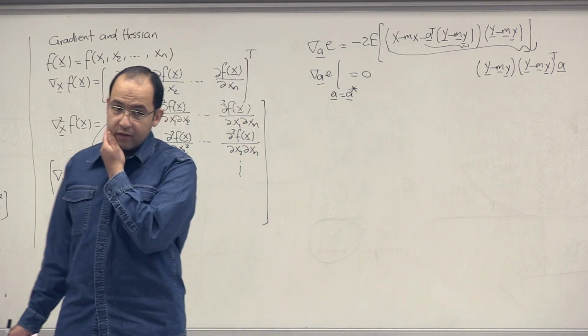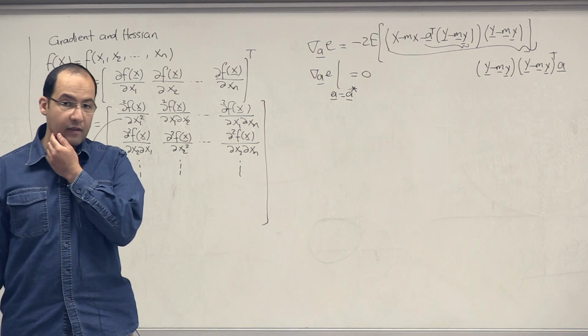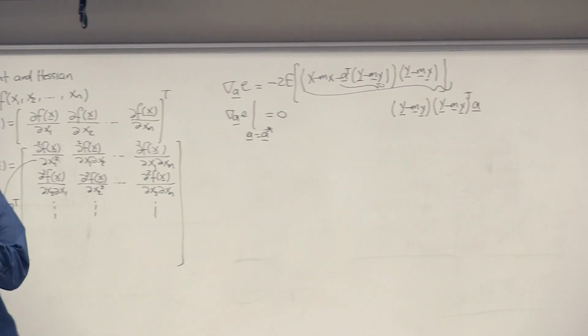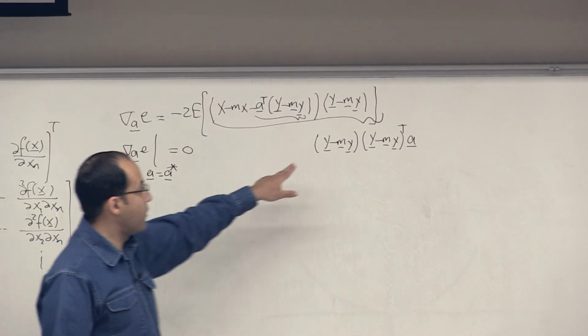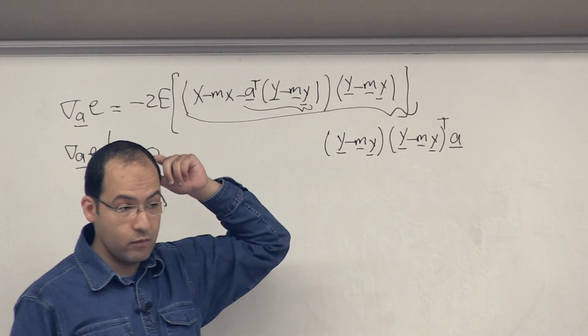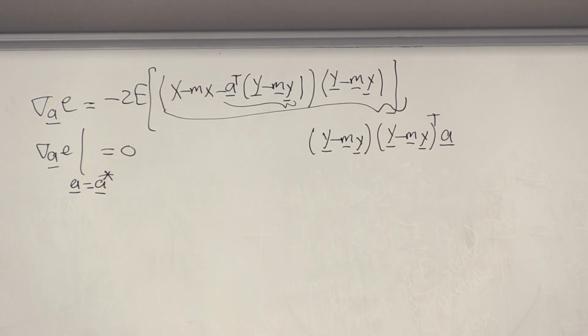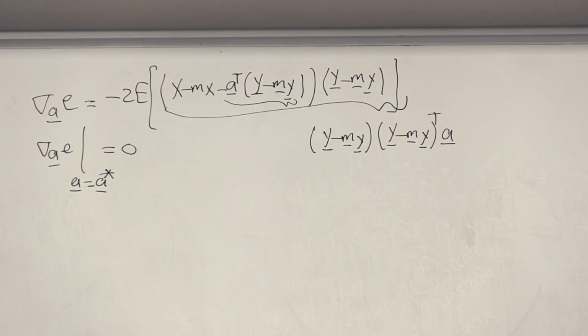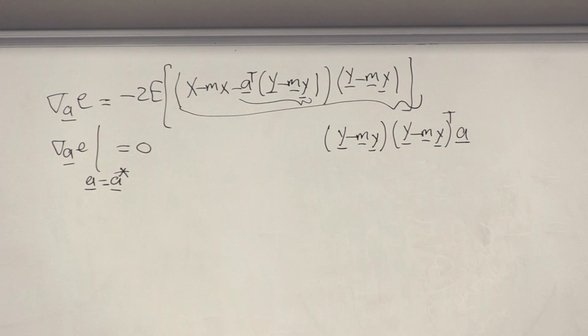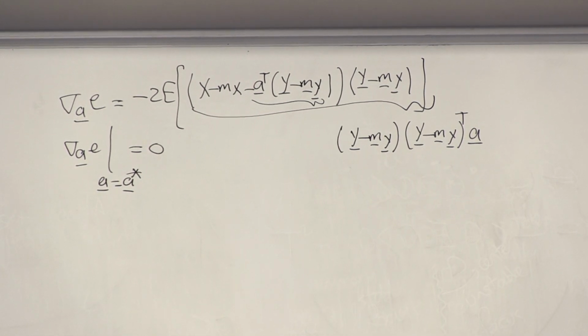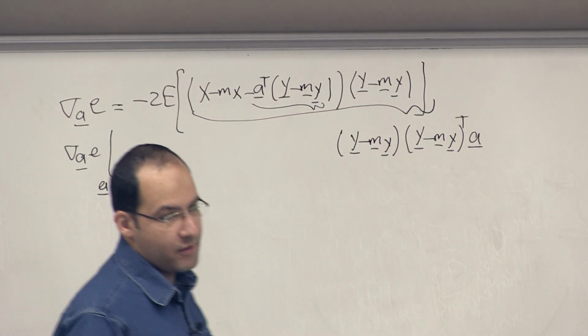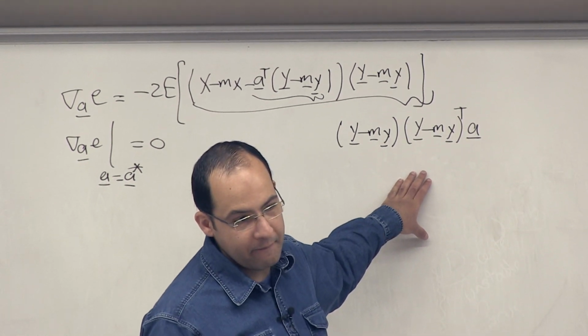We also did this. What is the expected value of y minus my, y minus my transpose? Exactly, the covariance matrix, right?